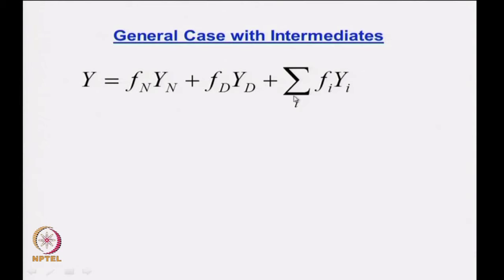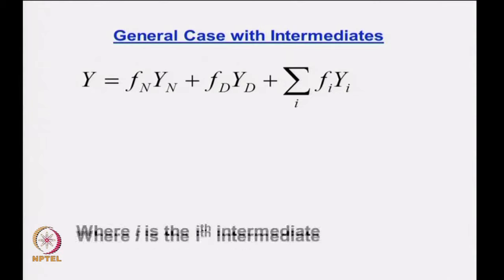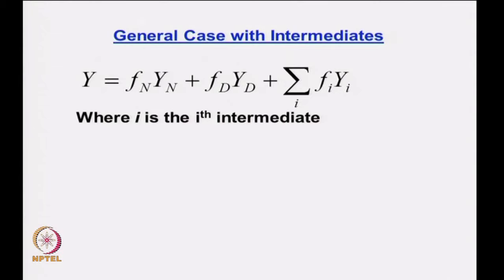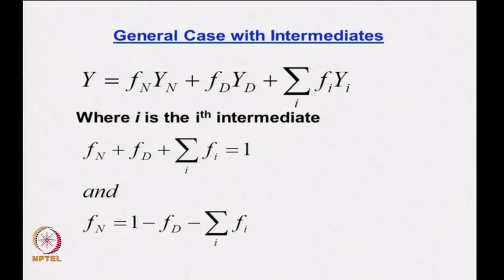So you take a summation of all the intermediates that can be present, with the corresponding fractions. That is the small change you bring in your basic equation. Then everything follows the same way. I is the ith intermediate, the summation of all the fractions should be equal to 1, and f_N, the fraction of the native state, is given by this.